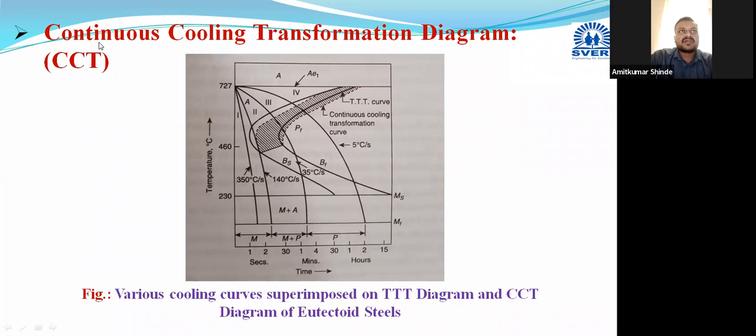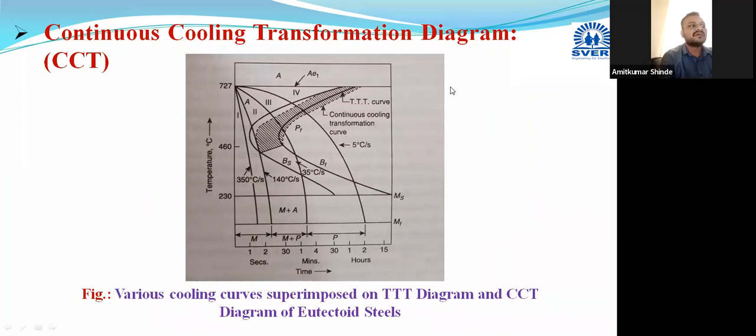Now we are discussing the continuous cooling transformation diagram, the CCT diagram. Only one small change is there if you compare it with the TTT diagram. In the TTT diagram experiment, we first collect a number of steel samples and heat them in one furnace in the austenitic region.